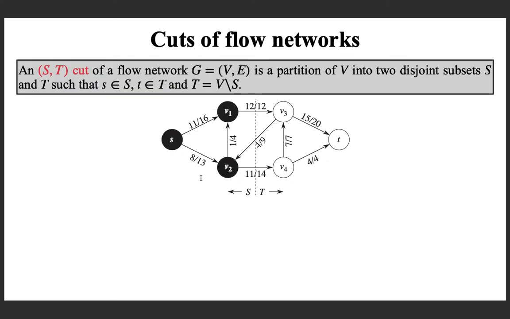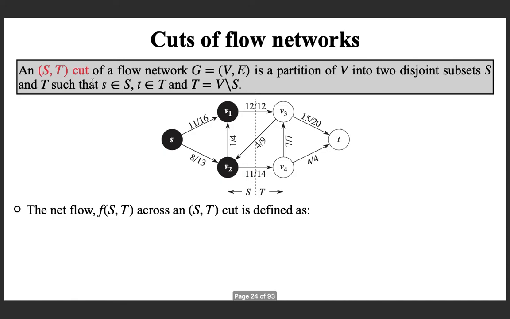The only requirement is that there are no common vertices for these two sets, and the source must be in the first vertex set and the sink must be in the second vertex set. So, both must be non-empty, because at least the source or sink is in S or T. I hope you are getting it.